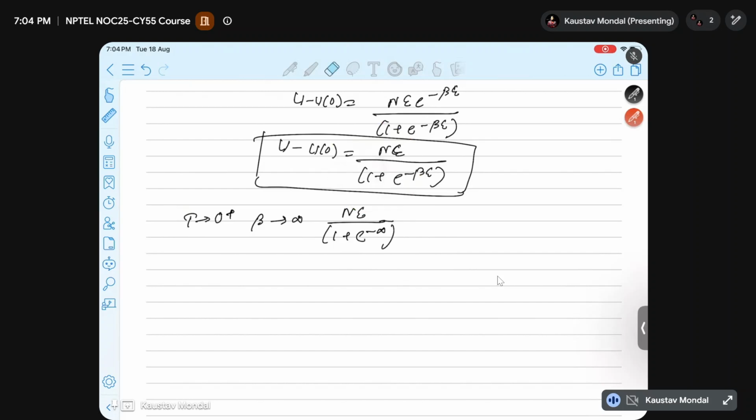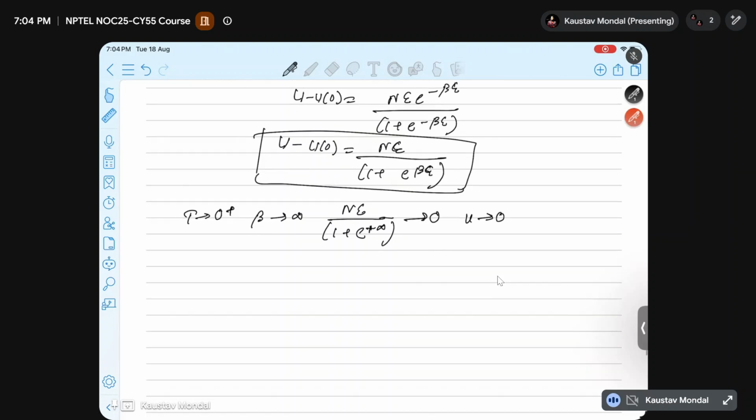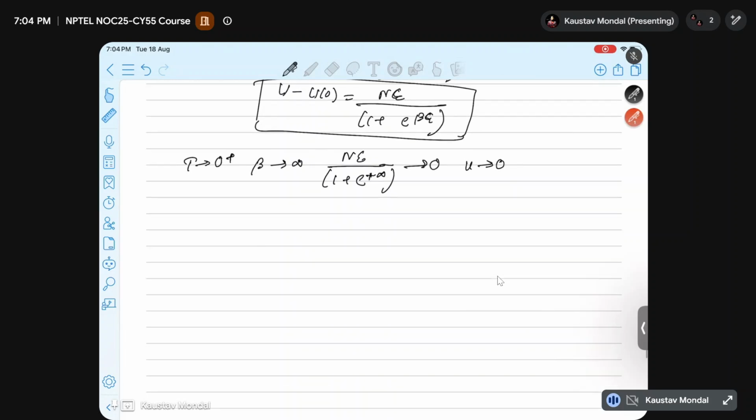Sorry, it would become e to the power plus, yes, this will be plus infinity, so Ne by infinity basically tends to 0. So u tends to 0 if T approaches 0 from the positive direction.